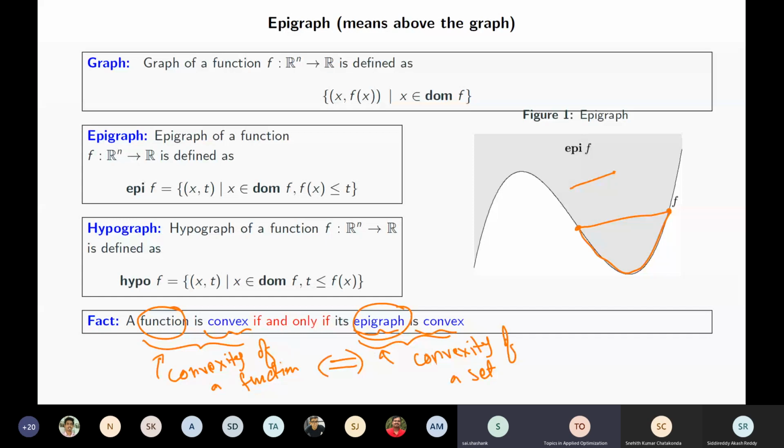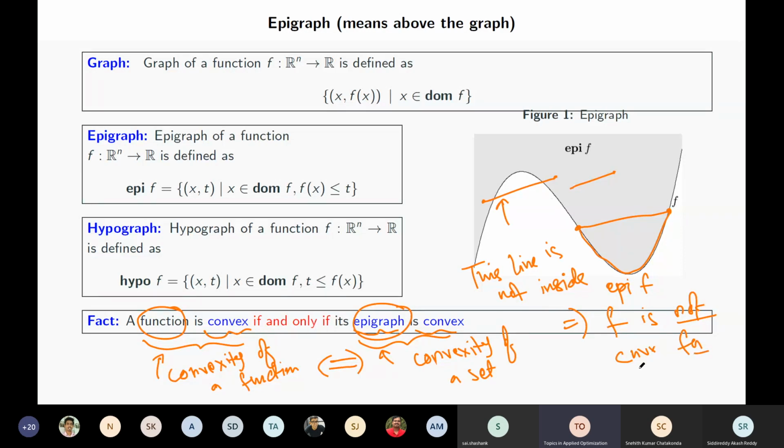No, because I can take arbitrary points like this point, and then the line joining them is not completely inside the epigraph. So this line is not inside the epigraph of f. This implies f is not a convex function.